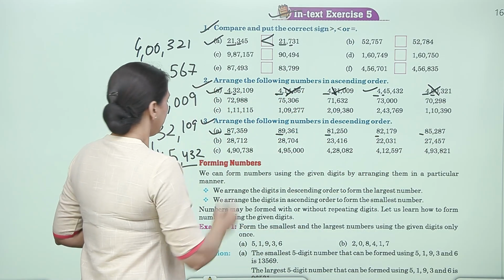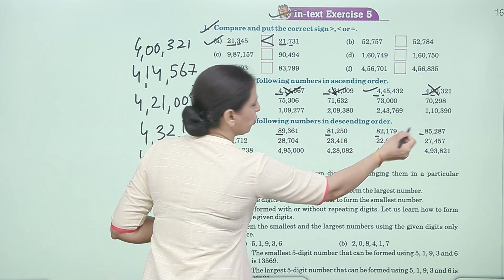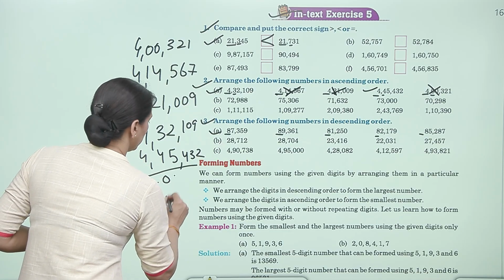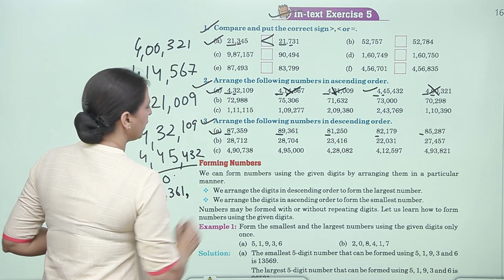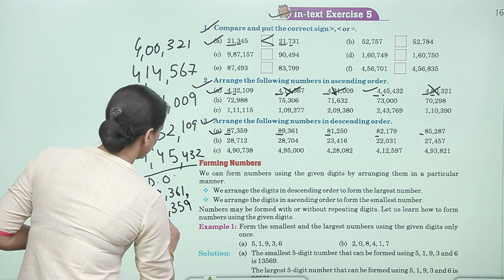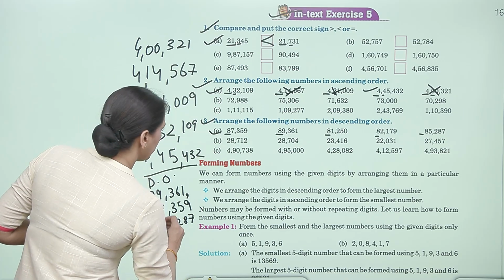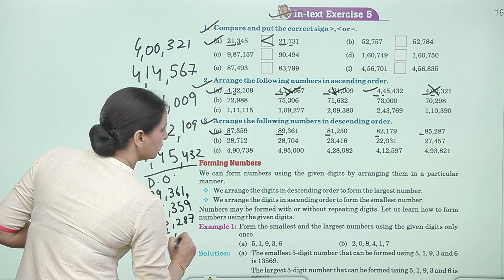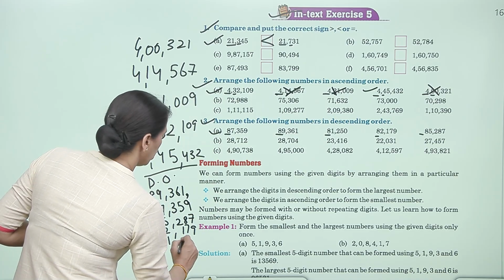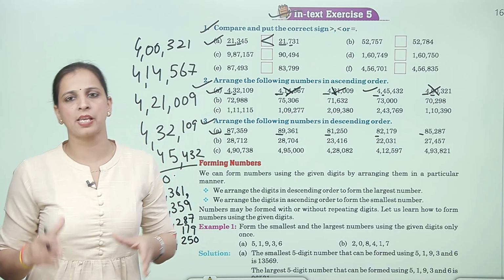Now in descending order, 87, 89, 81, 82 and 85, and the largest number is 89,361. After that 87,359. After that 85,287. After that 82,179 and the smallest one is 81,250. This is the descending order. तो बच्चों सेम मेथड को यूज करते हुए बाकी के पार्ट्स आप खुद ट्राई करेंगे.